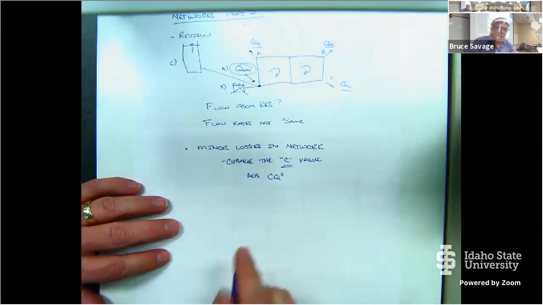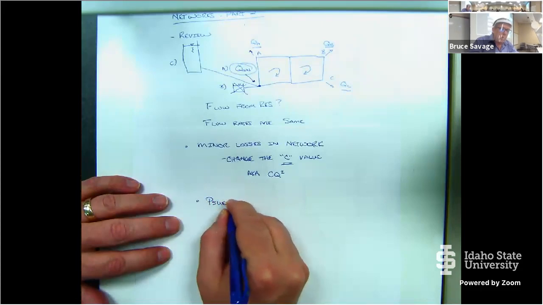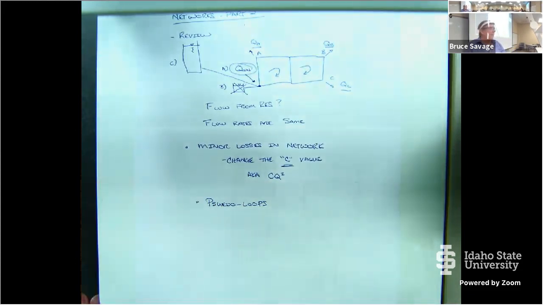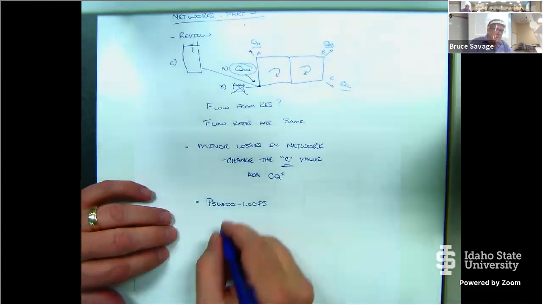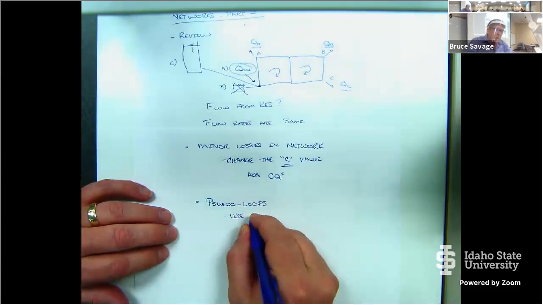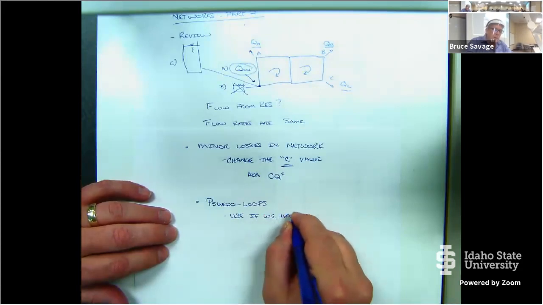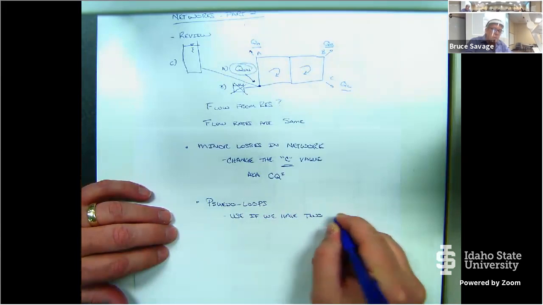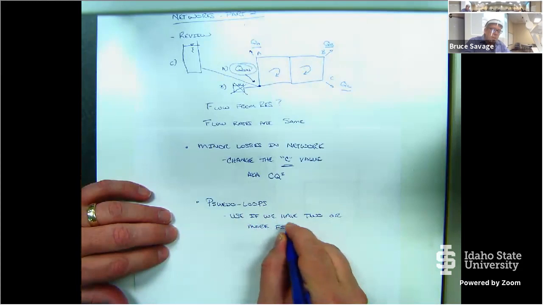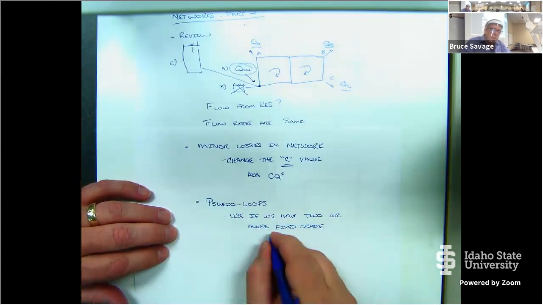The next one then is going to be what we call pseudo loops. Use if we have two or more fixed grade junctions.